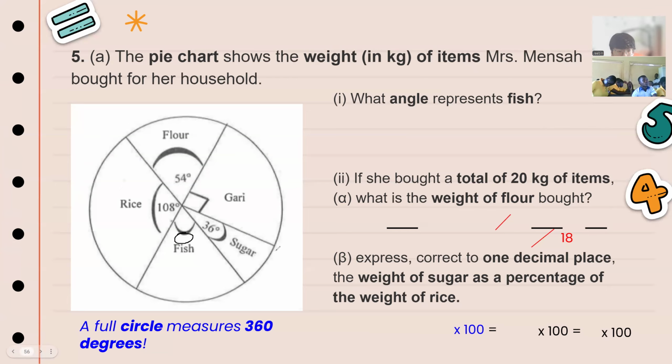What is this angle here? Always remember that a full circle measures 360 degrees. Everything should add up to 360 degrees in a circle.